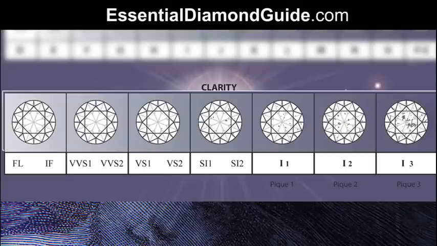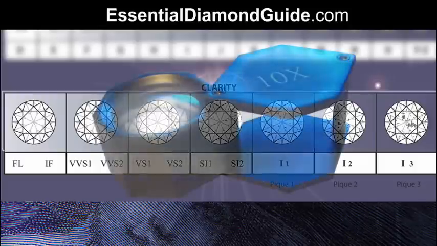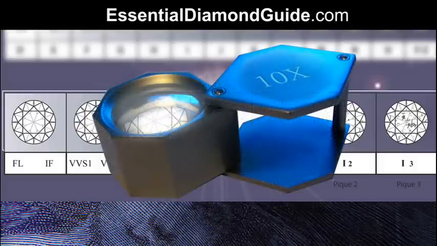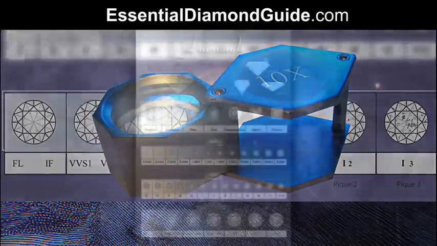The chart is a guideline just to give you an overall structure, but what you're actually looking at is a real stone, and each one is different. Even if 2 stones are called VS1, they may differ quite considerably. The way that they're normally looked at is through a 10 times loupe or a 10 times magnifier, like a little magnifying glass that most jewelers will have on hand, so you can use that when you go shopping for your diamond.